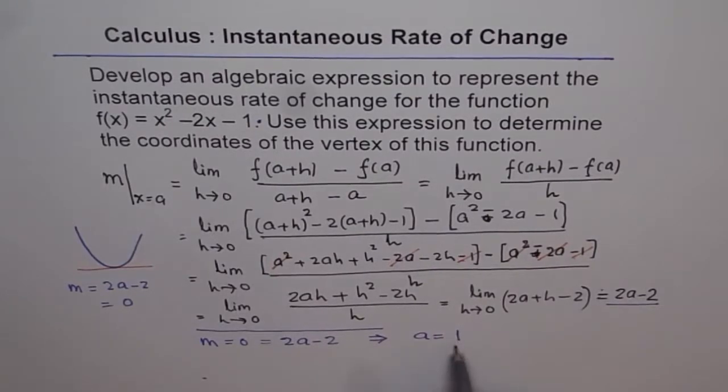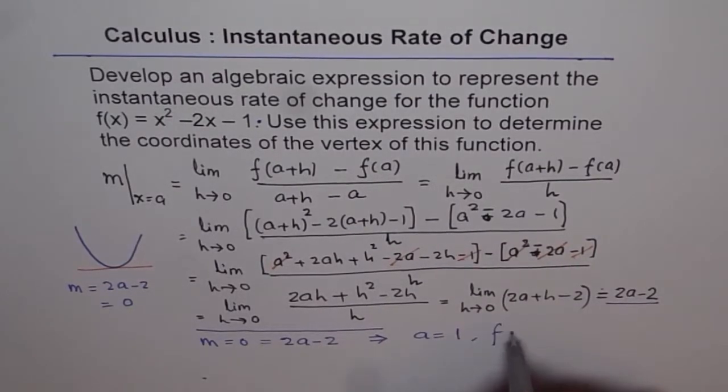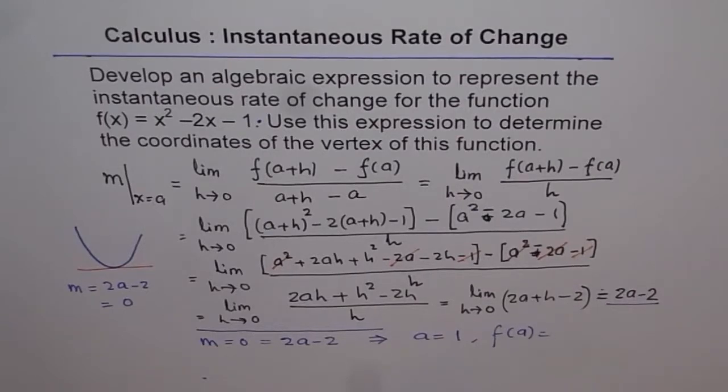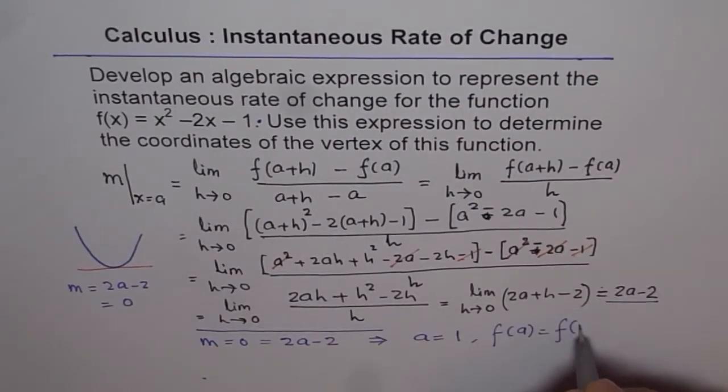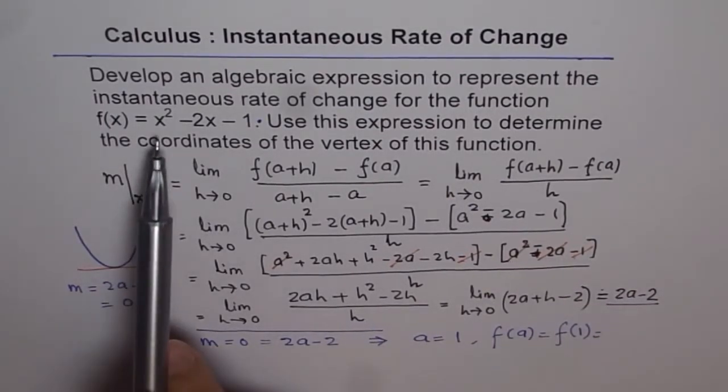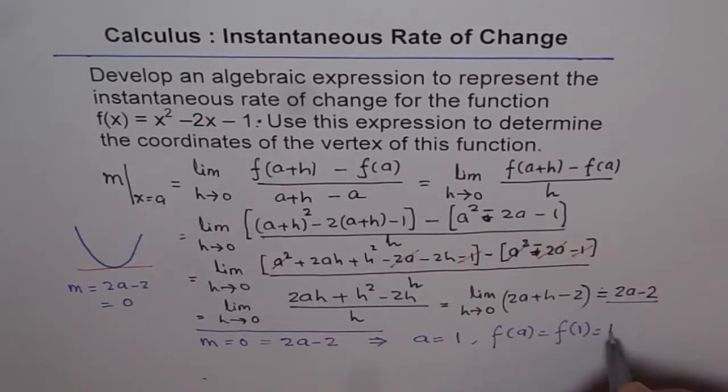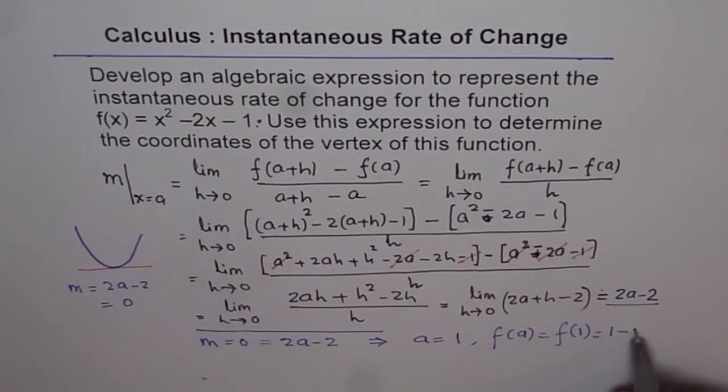Now if a is 1, what is f of a? Then f of 1 will be 1 minus 2 times 1 minus 1, which is 1 minus 2 minus 1, and that gives me a value of minus 2, correct? So that is the vertex.